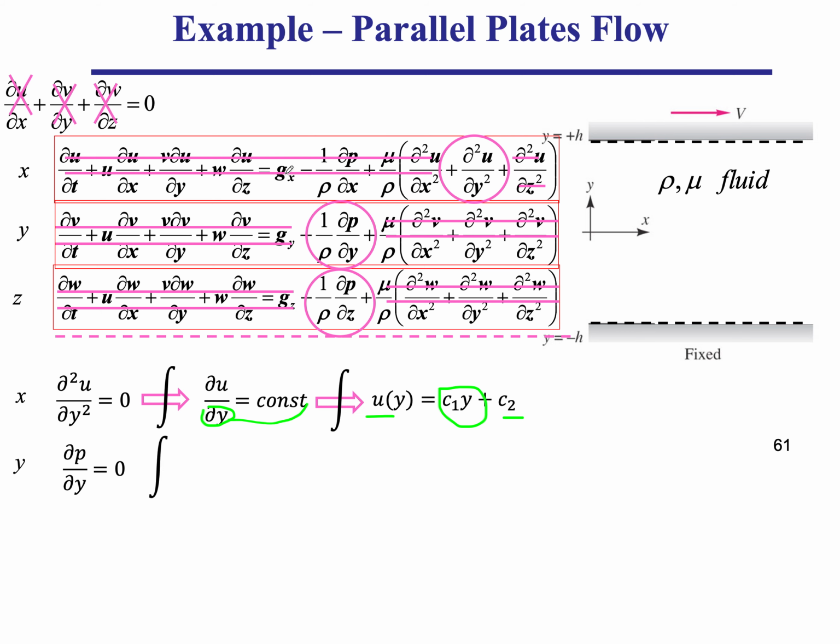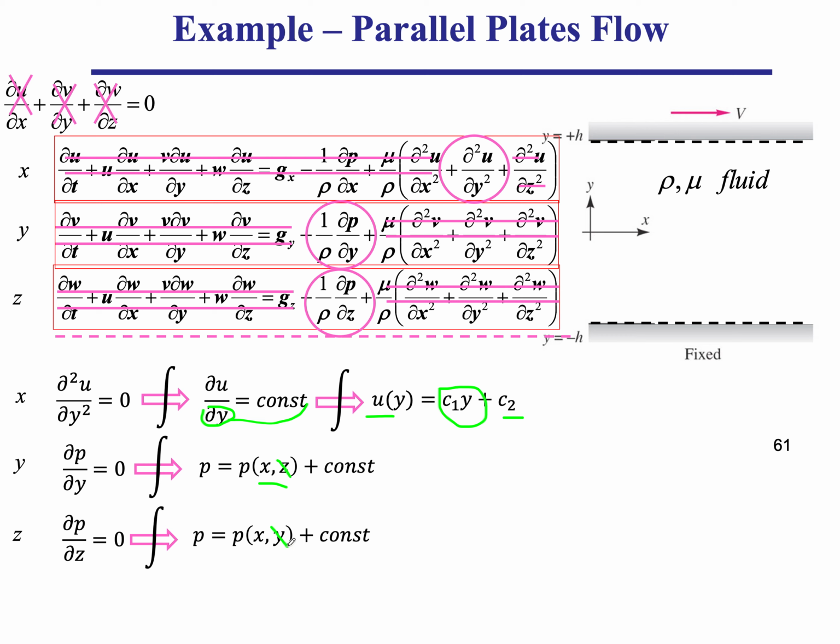We look at the y momentum equation. As we said, dp/dy is 0, so p is independent of y, so we don't see y here. Same thing, p is independent of z. Since p is only a function of x and y here, and here only a function of x and z, p wouldn't depend on z, and p wouldn't depend on y.